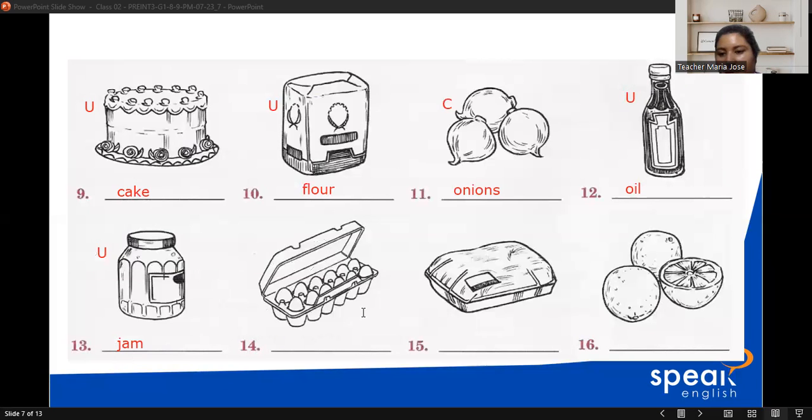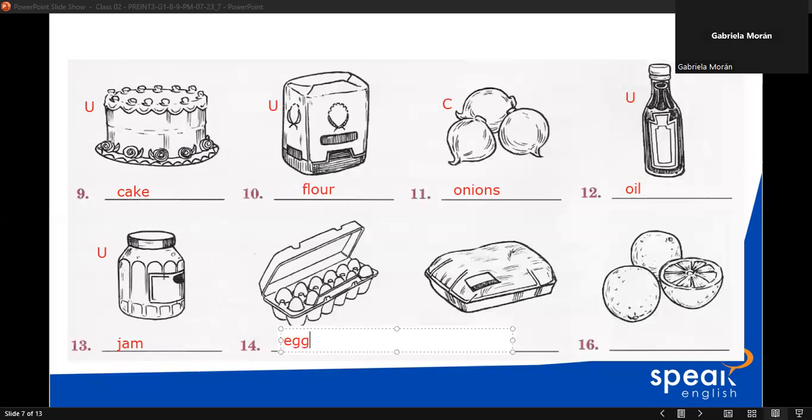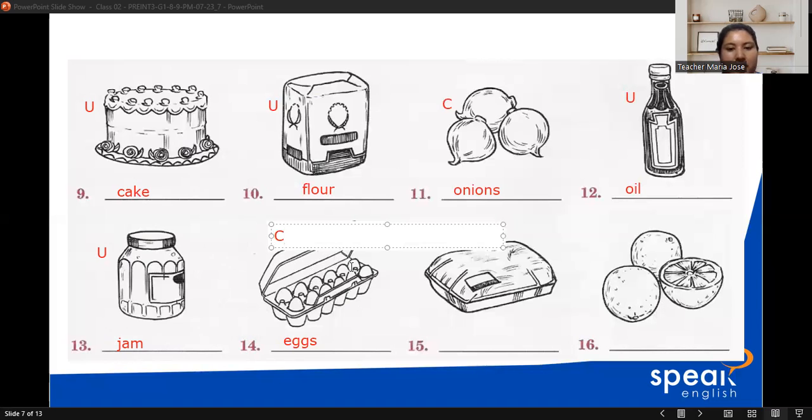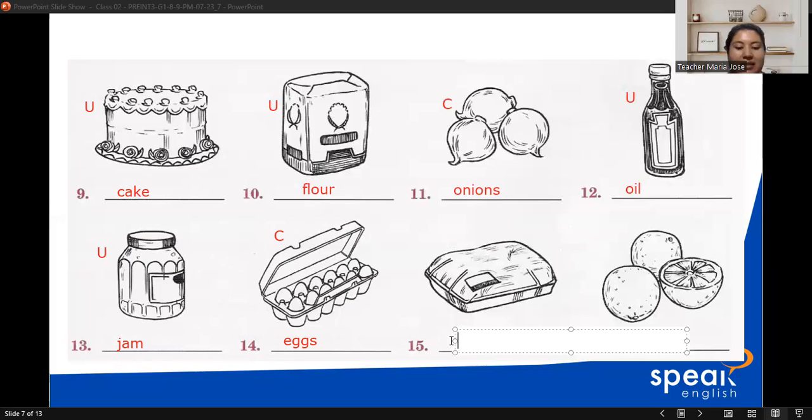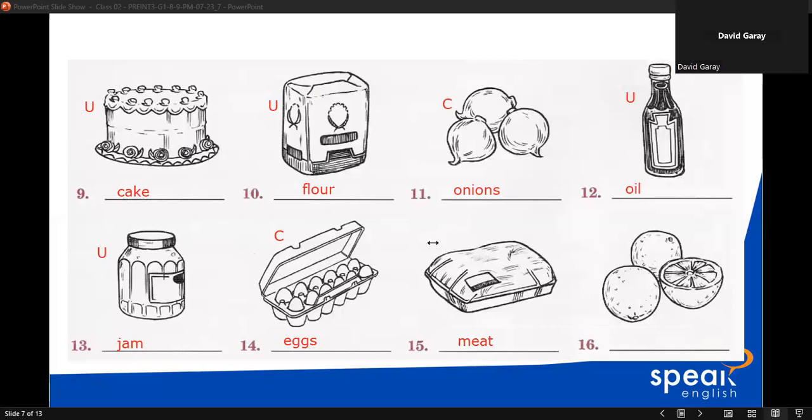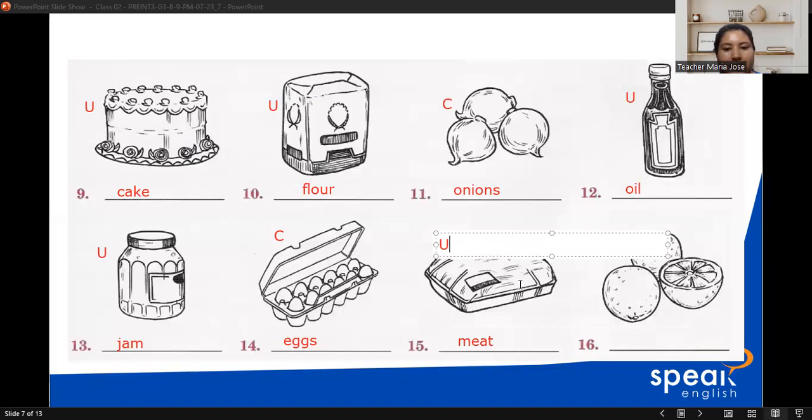Okay, what about number 14, Gabriela? Eggs. And these are? Countable. Perfect. Okay, number 15. David. Meat. Excellent. And this is uncountable. Perfect. Number 16. Letty.